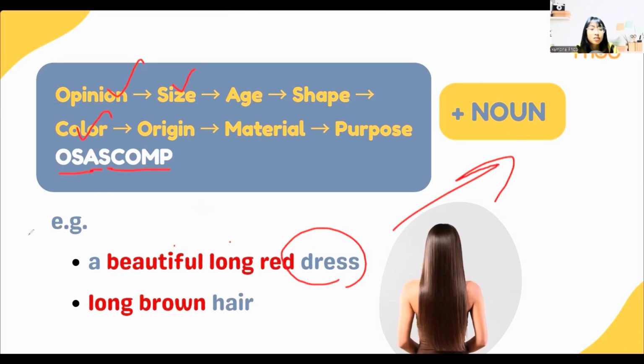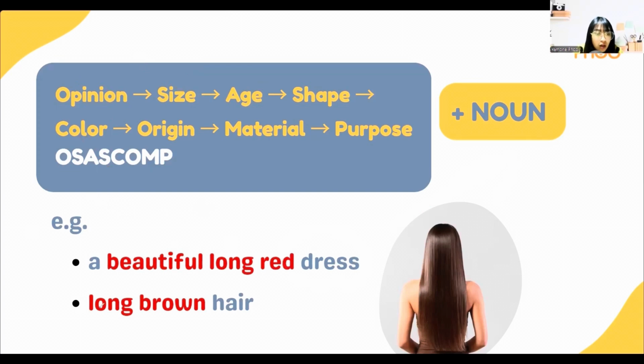The next example is long brown hair. If your hair is long and also brown, how will you describe it? Brown long hair or long brown hair? The right one is long brown hair.